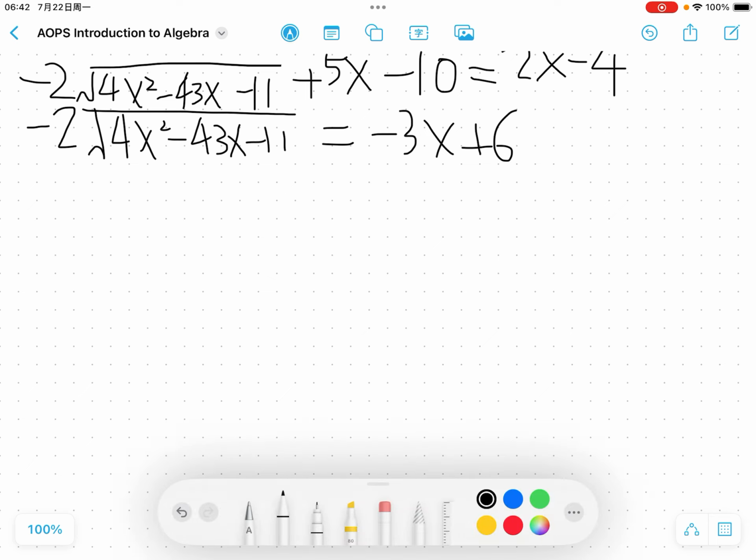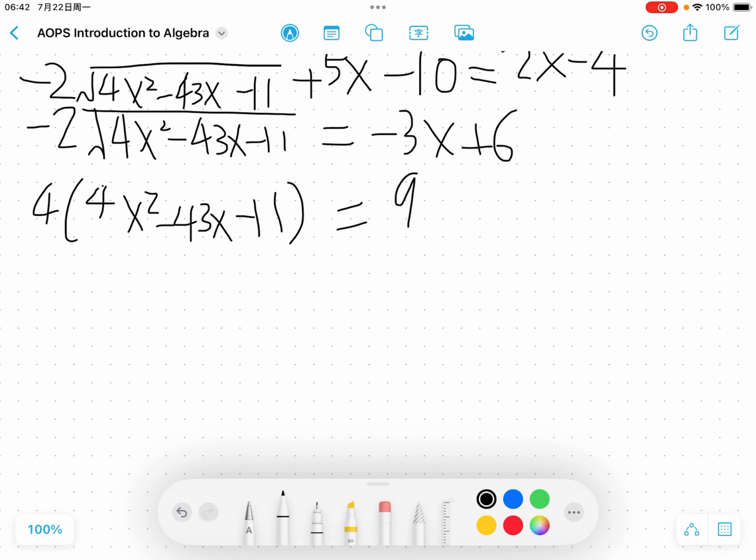If we square both sides, we get 4 times 4x squared minus 43x minus 11 equals, if you square this expression here, 9x squared minus 36x plus 36.